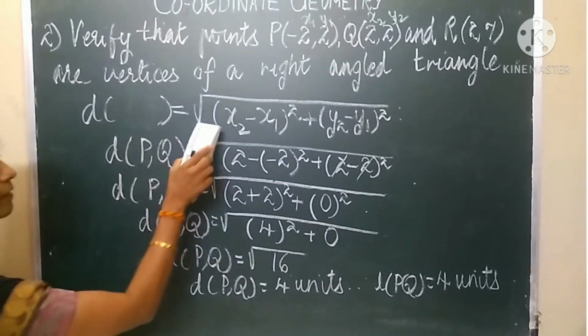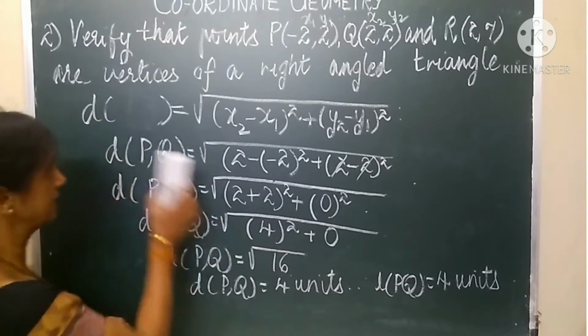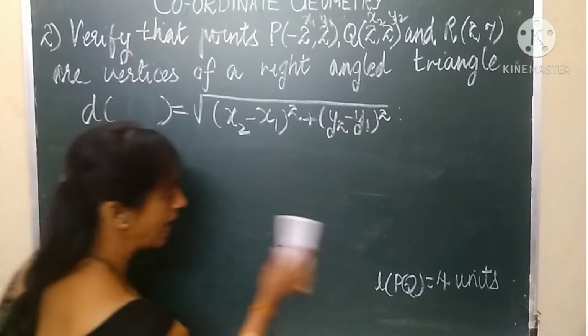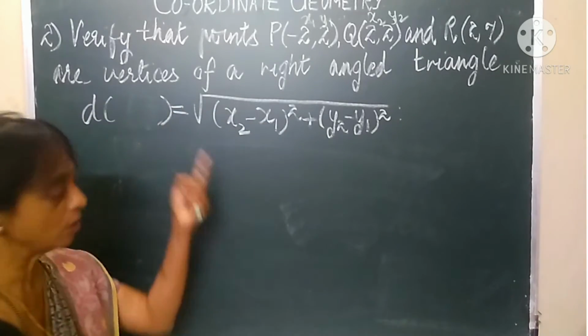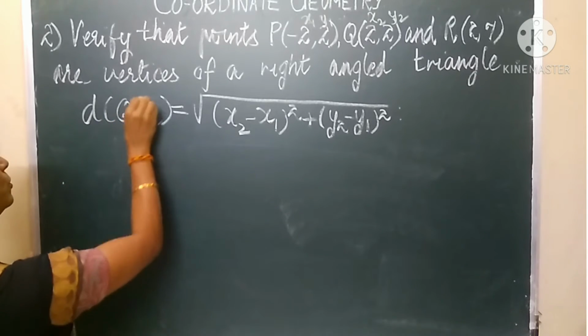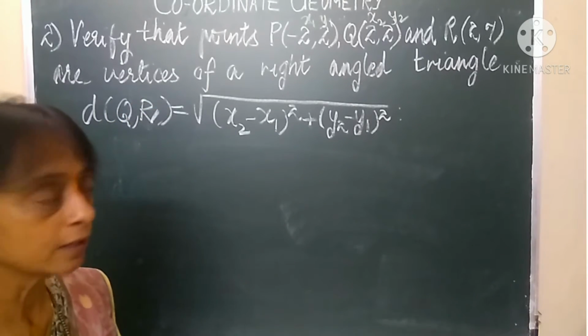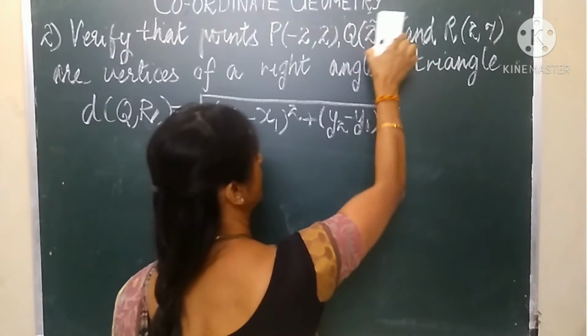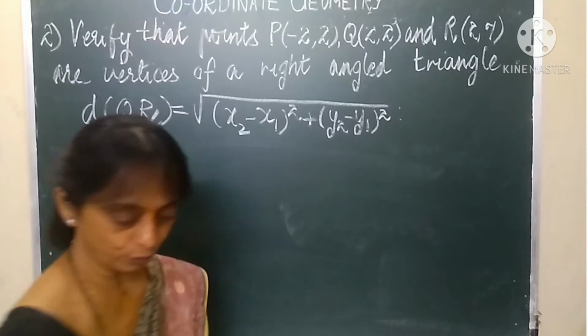Let's now calculate distance QR. What do we use again? We'll again have to use the same distance formula by assigning the values of x1, y1 and x2, y2 depending upon the points that we take. The points that we take over here are Q, R. So over here, let's shift the values of x1, y1 and x2, y2.